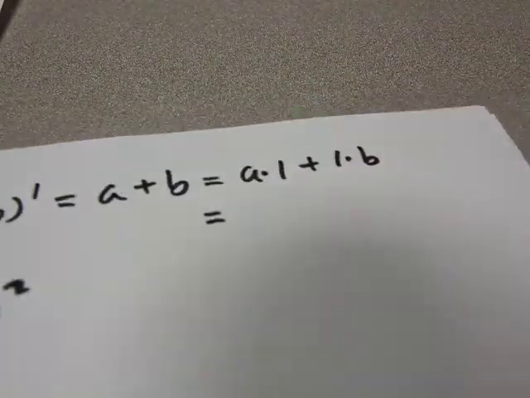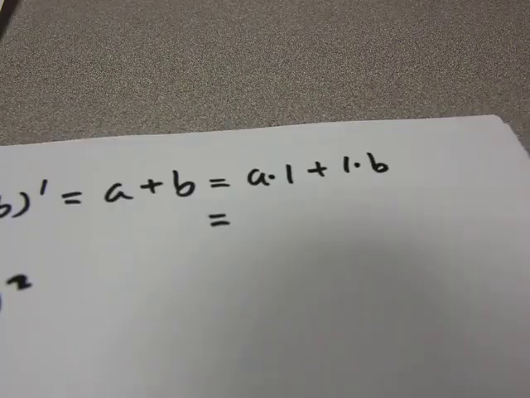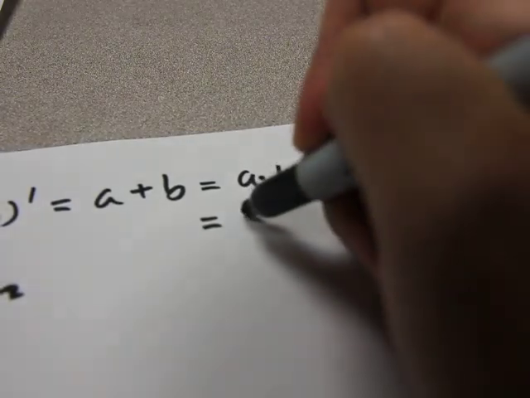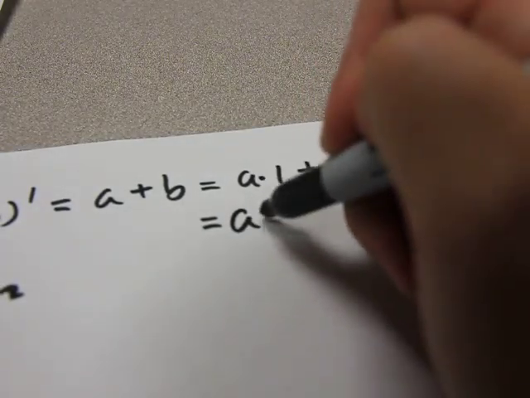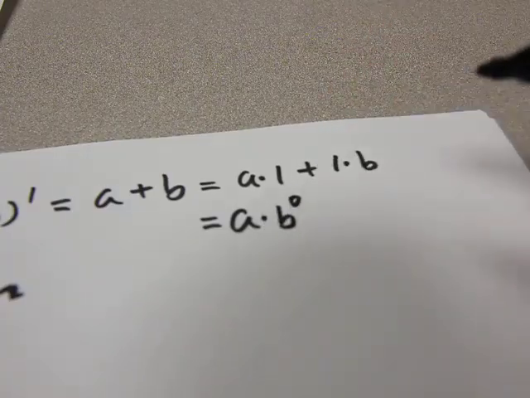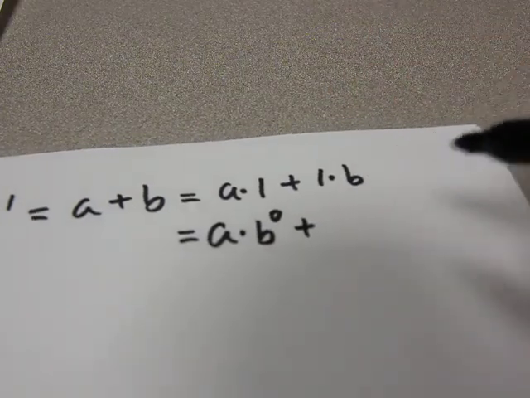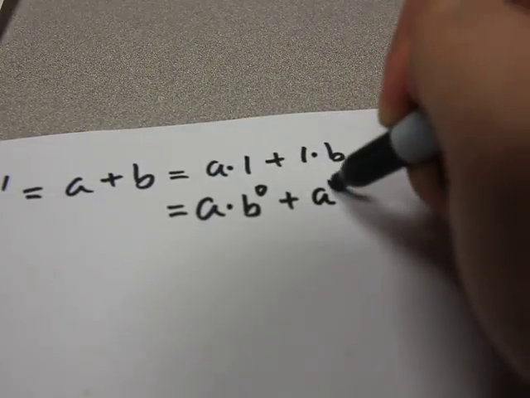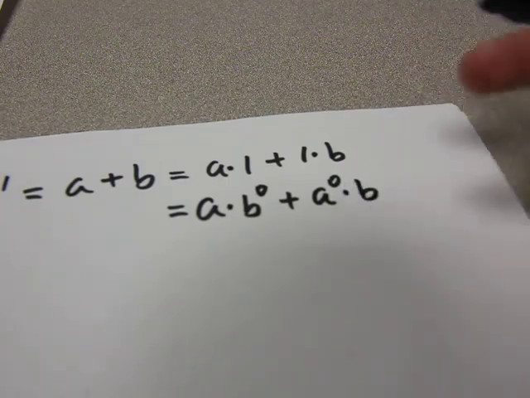We also know everything raised to the power of 0 equals 1, right? So the first term I rewrite into a times b raised to the power of 0. And the second term I rewrite into a raised to the power of 0 times b.